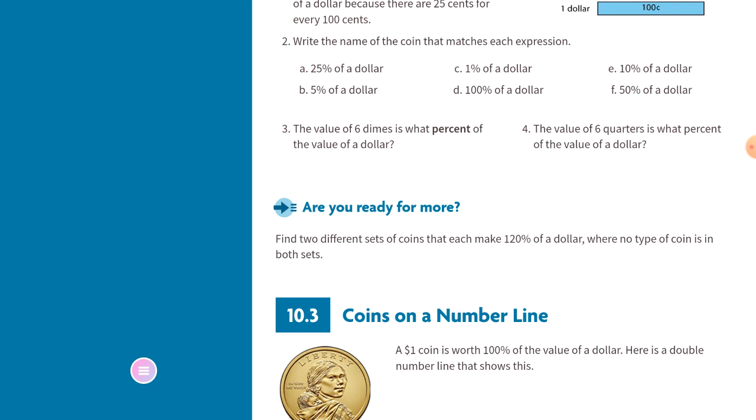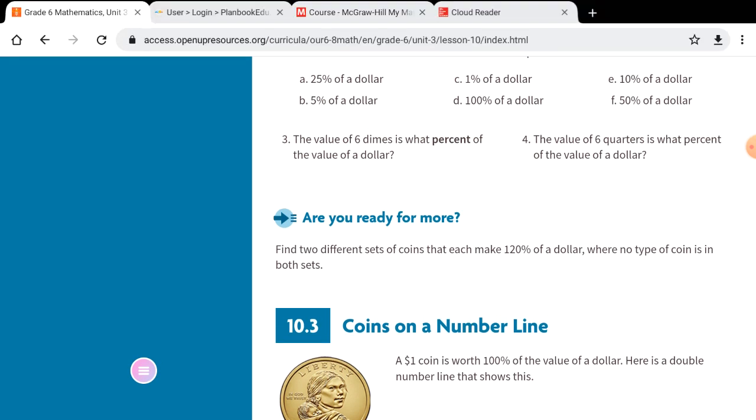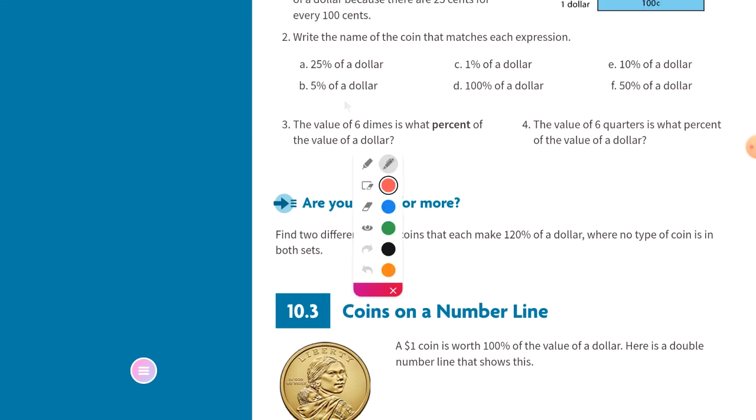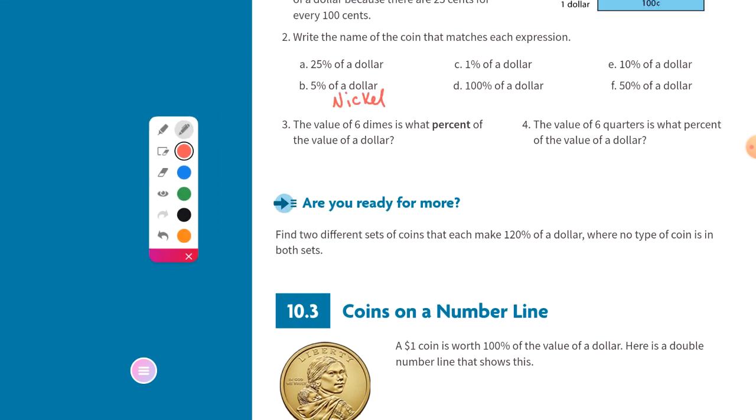2B, Dom. What'd you get? Okay. 2B down here. A nickel? Ethan, C. Penny.